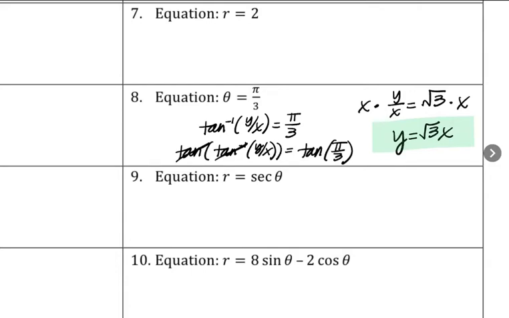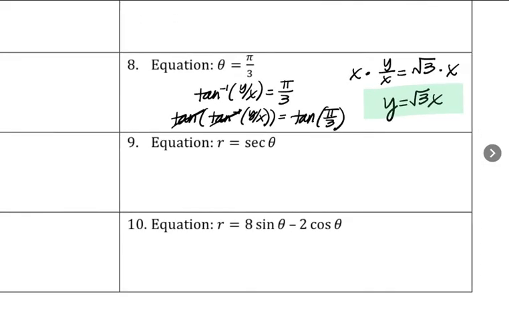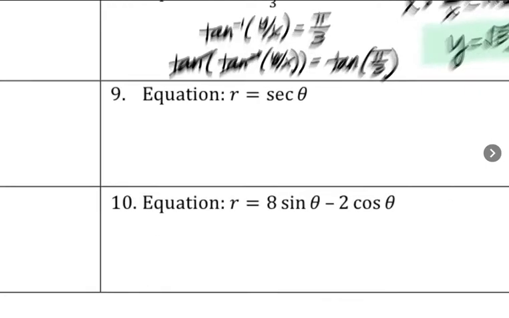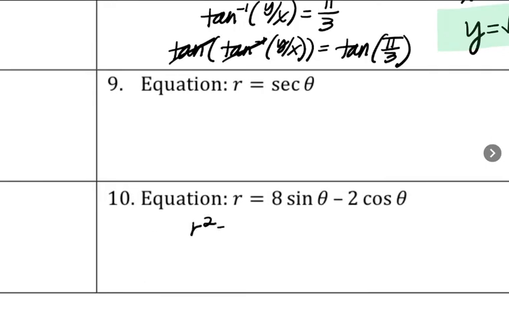So I'm not going to do number 10 with you, but I do have a little hint to get you guys going. I think you're going to have to use r squared equals x squared plus y squared along with r sine theta and r cosine theta, this one here being equal to y and this one here being equal to x.